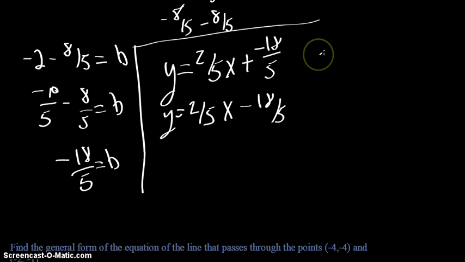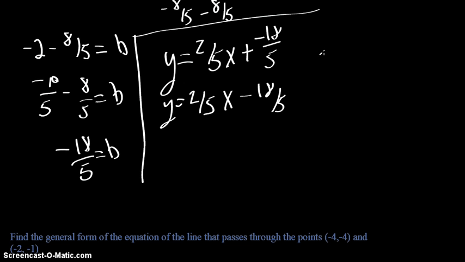And if you recall from before, my general equation is ax plus by equals c. This is my slope intercept form. That's great. Slope intercept form, we're done. But it asks us to get in this form. So what we need to do first off, we said a and b and c all had to be integers. Well, we all have a common denominator of 5 here. So I'm going to multiply this whole equation by 5.